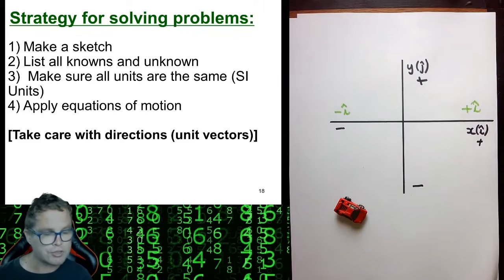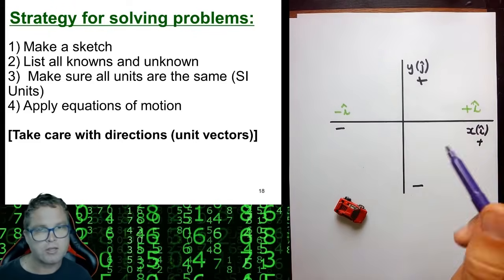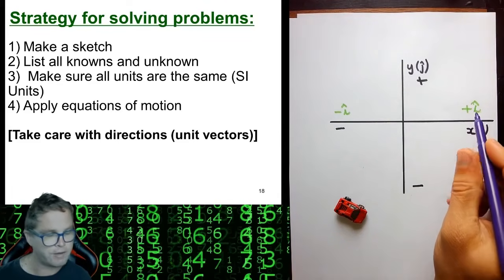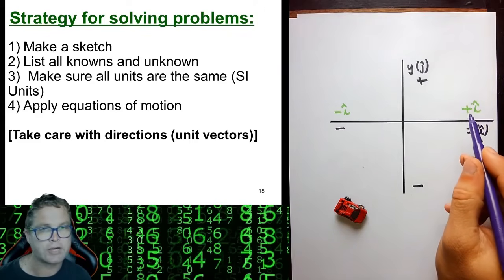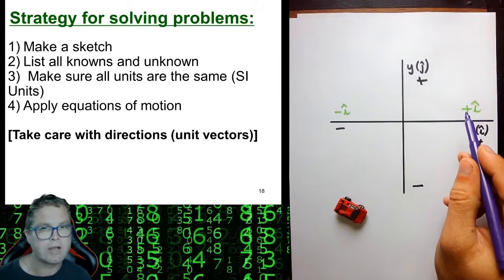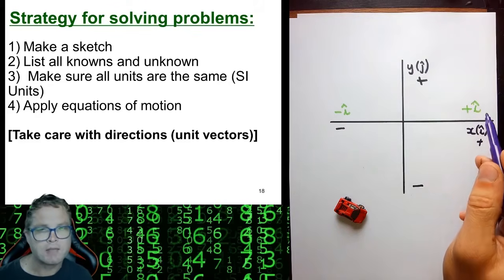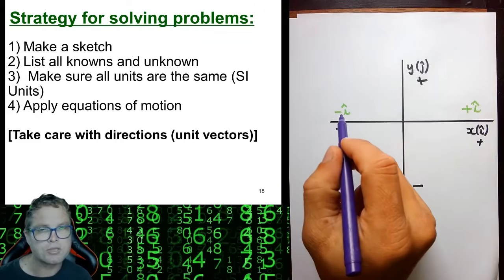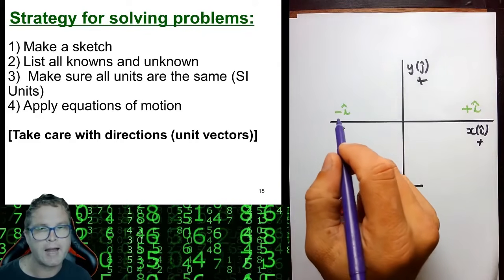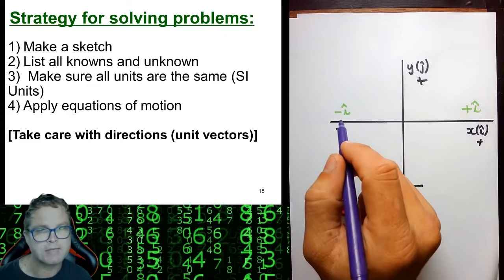For a vector pointing towards the positive x direction, we're going to use the unit vector positive i hat. Similarly, if a vector points in the negative direction, we're going to use negative i hat for the negative x direction.